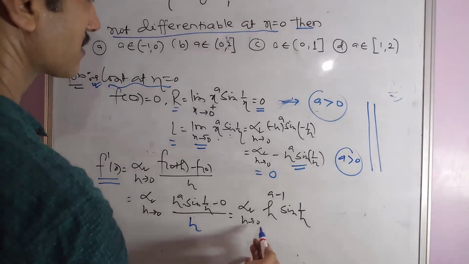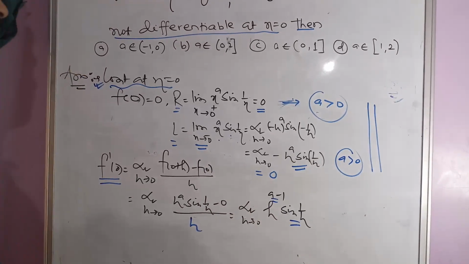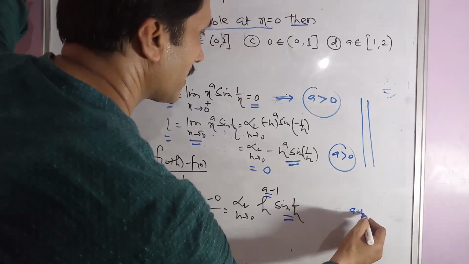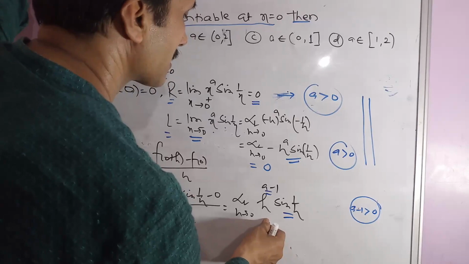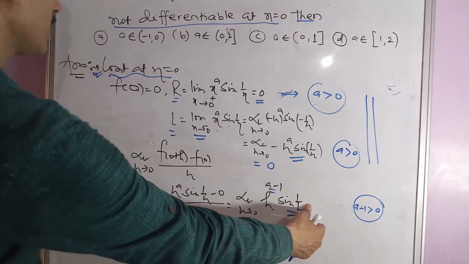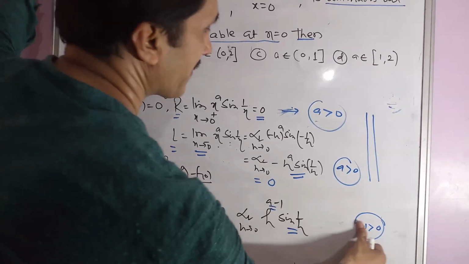So limit h tends to 0 of h to the power a minus 1 sine 1 by h. Clearly, if a minus 1 greater than 0, in such case this is equal to 0, a finite definite number, so the function is differentiable at x equal to 0.